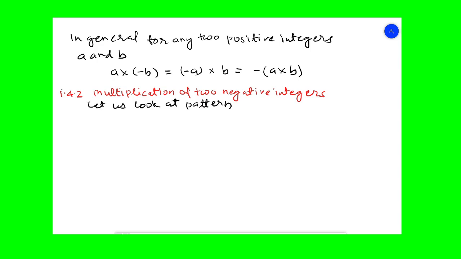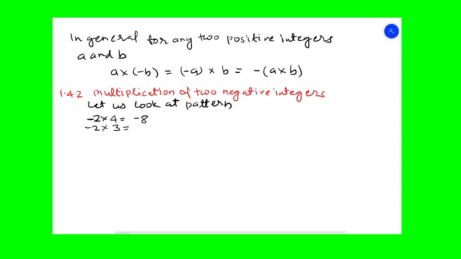Topic 1.4.2, multiplication of two negative integers. Let us look at a pattern. Minus 2 multiplied by 4 equals minus 8. Minus 2 multiplied by 3. We are gradually reducing 4 to 3 and then 2 and then 1 this way.